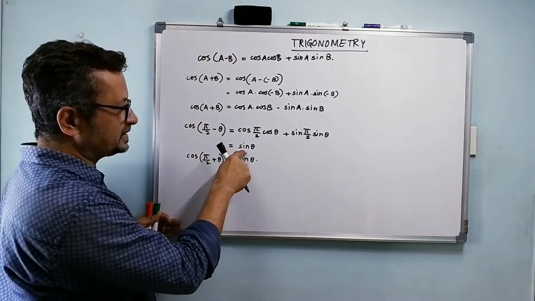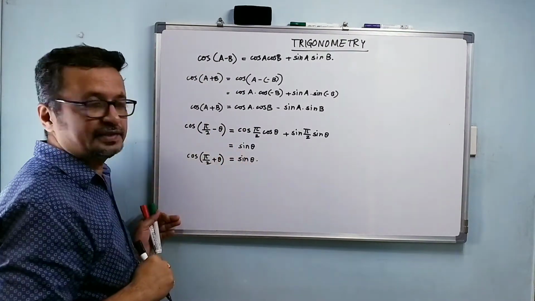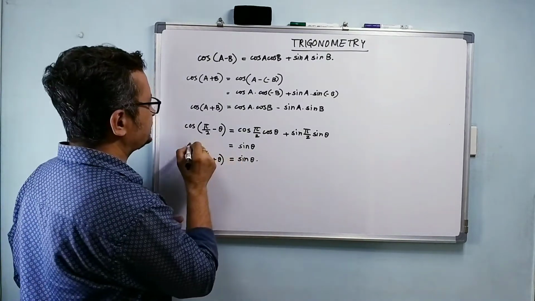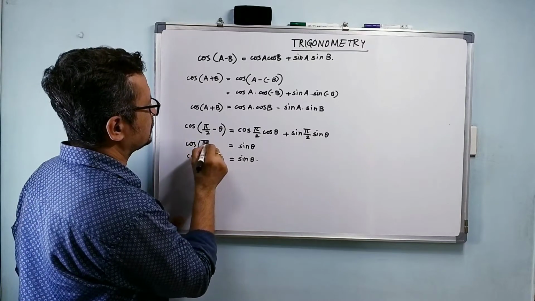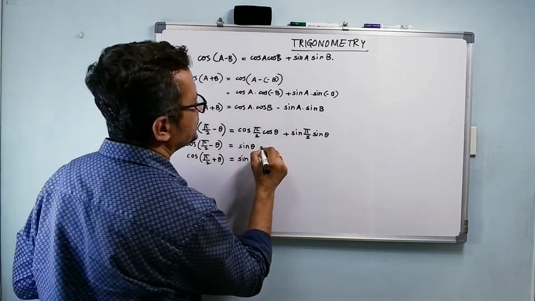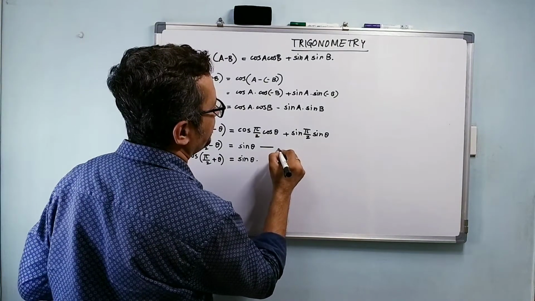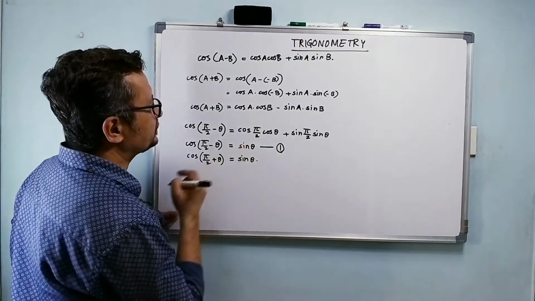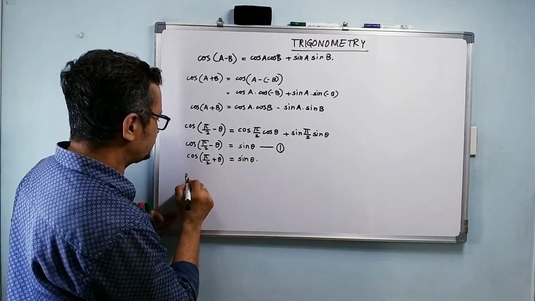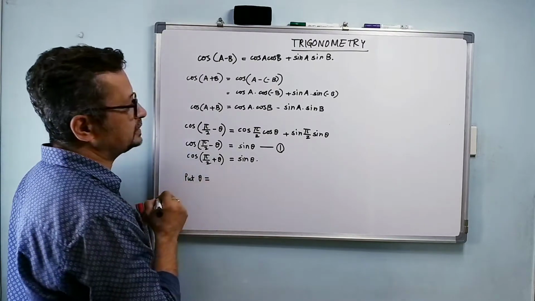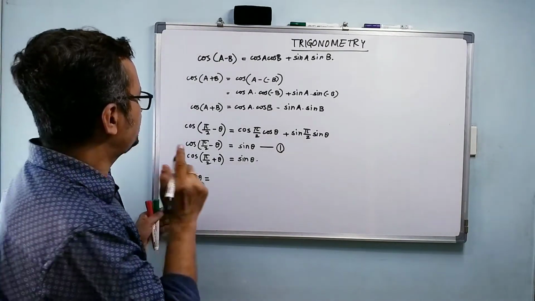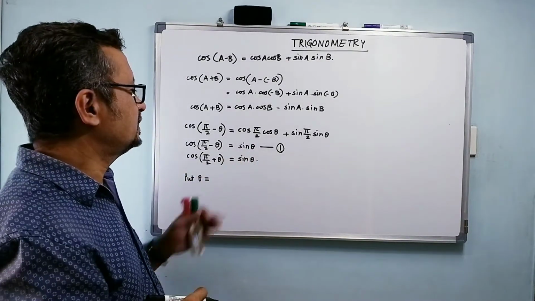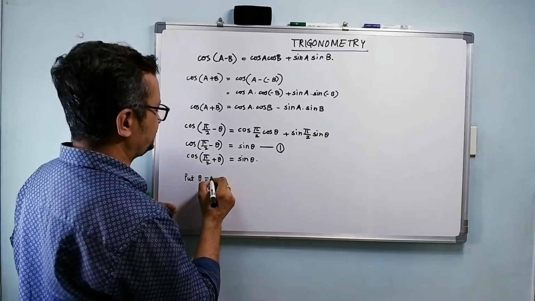So now I have sin theta is equal to cos of pi by 2 minus theta. Let us call this expression 1. In place of theta here, put theta is equal to pi by 2 minus theta. Suppose you put pi by 2 minus theta here, then what happens?